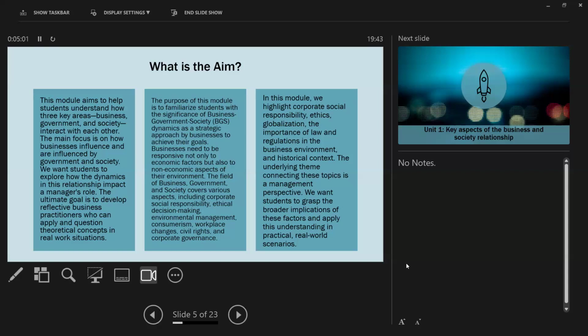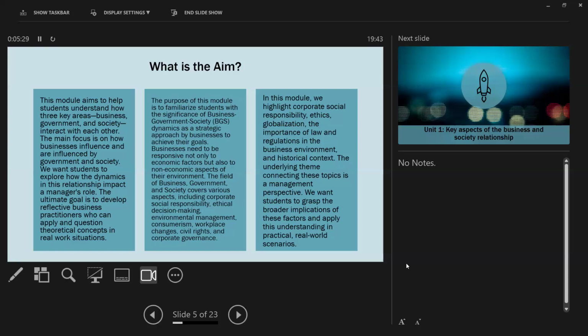There are businesses that influence governments. Basically, it's how businesses are influenced by the government and the society. So the students have to explore how the dynamics in this relationship impact a manager's role.